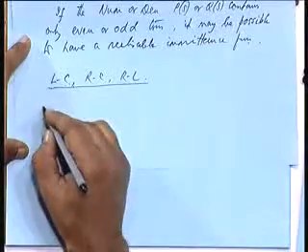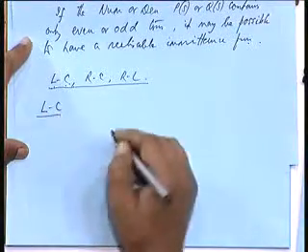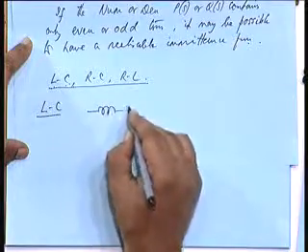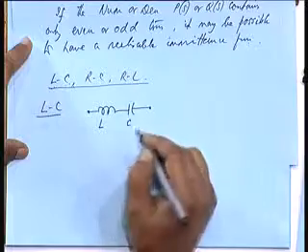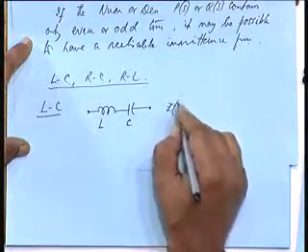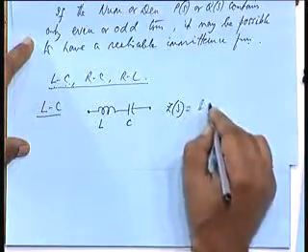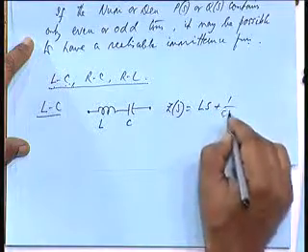Let us take LC combination. Let us have a simple series circuit, L and C. So what will be ZS? LS plus 1 by CS.